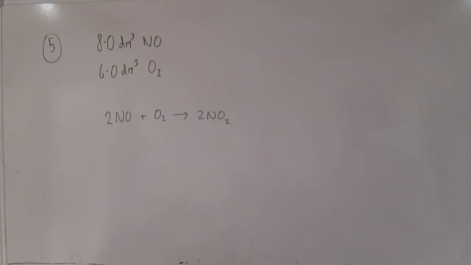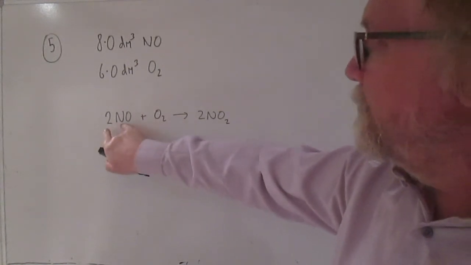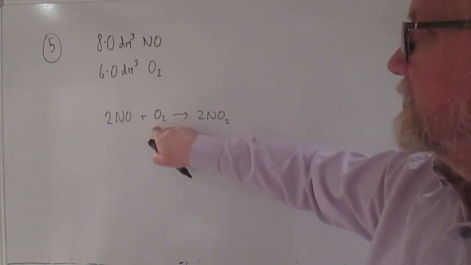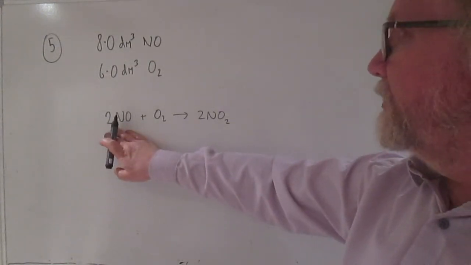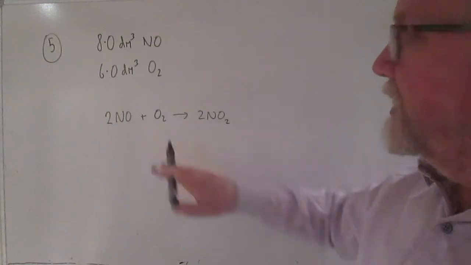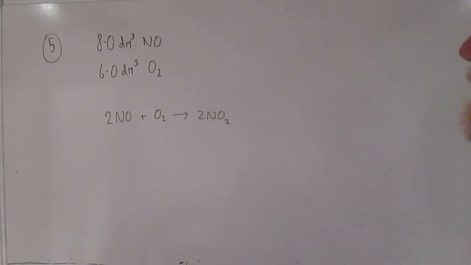So what we can say, therefore, is that this equation, which tells us that twice as many moles of NO react as O2, can also be interpreted as meaning that twice the volume of NO reacts compared to the volume of O2, because the volume is proportional to the number of moles.